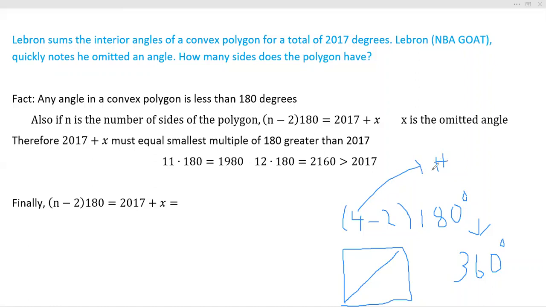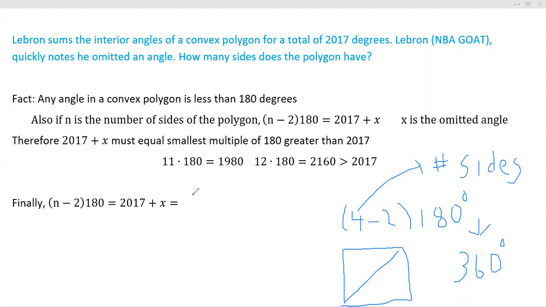I wouldn't call this a proof, but hopefully it's convincing. It's the number of sides, and it justifies the existence of this more general result, where it's not symmetric, the angles aren't the same or anything, but we know that n minus 2 times 180 is going to give you the sum of the interior angles. And that's essentially because there are 2 fewer triangles than sides in any polygon, okay?